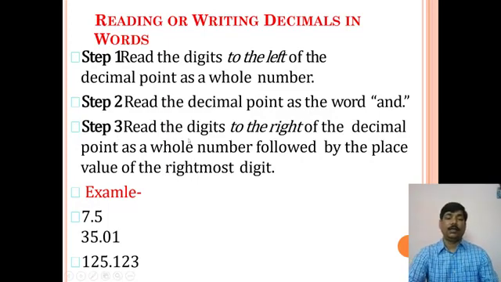Third step, read the digits to the right of the decimal point as a whole number followed by the place value of the rightmost digit. It is important in this method that we read the digits after the decimal point as a whole number followed by the place value of the rightmost digit.